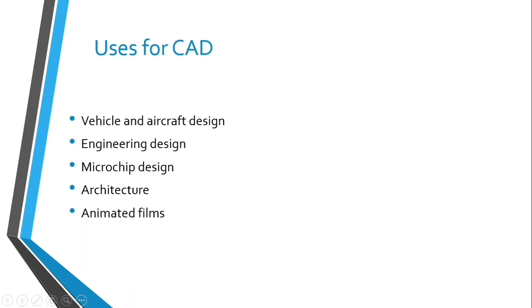And next, animated films. In animation also, CAD plays a vital role. If you want to build a character or something in an animated film, animation means it's a 3D object, right? So for sure, if you have a 3D object, you have to build it using some CAD software. So in animation also, CAD plays a vital role.